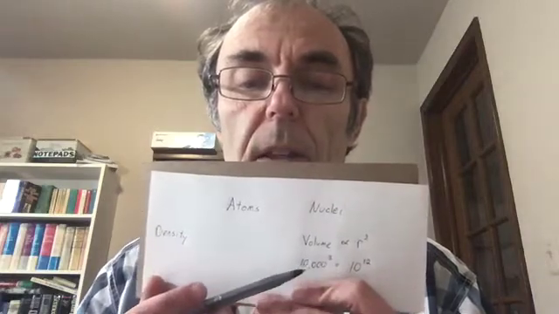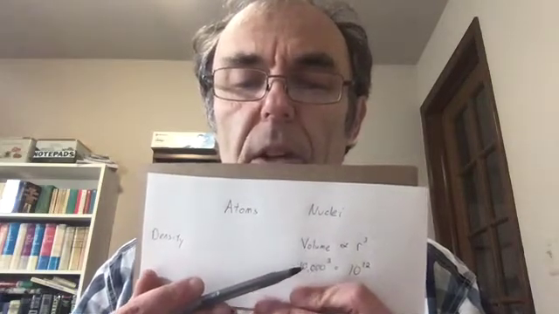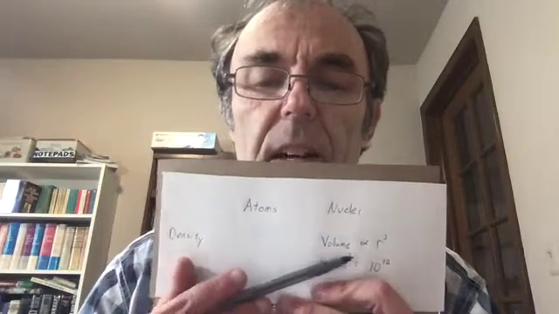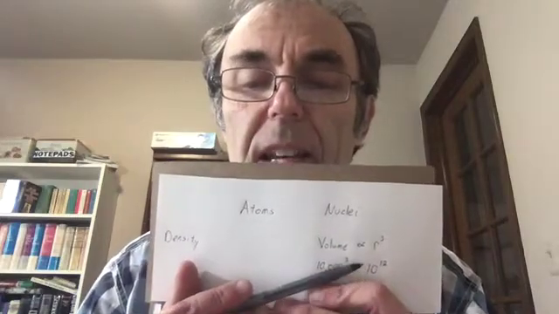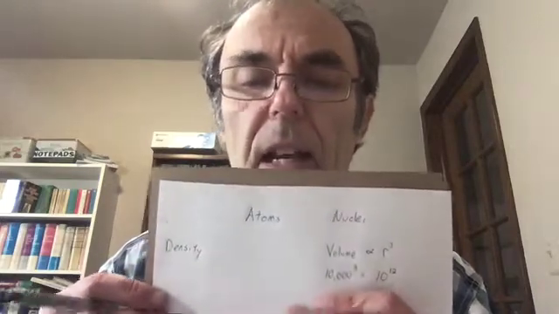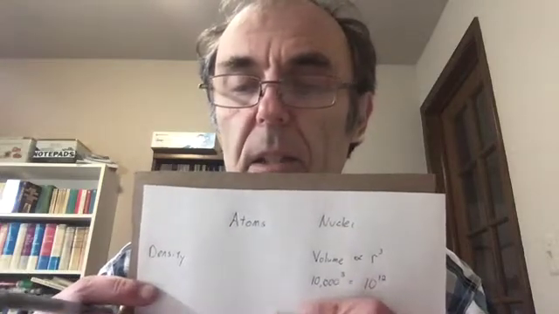So if the linear size of nuclei is 1/10,000th of an atom, then the volume is going to vary by 10,000 cubed. In other words, the density of a nucleus is about 10 to the 4th raised to the 3rd, that's about 10 to the 12th times. So nuclei are incredibly dense, much, much denser than atoms as a whole.